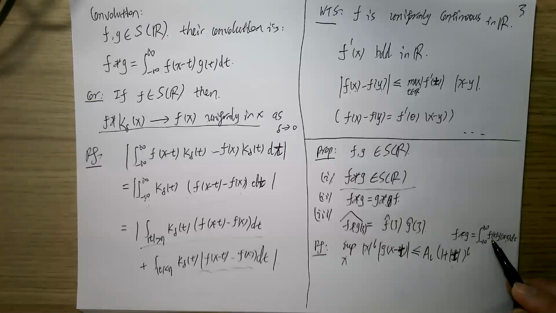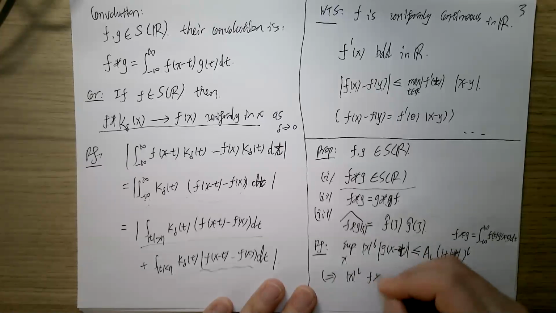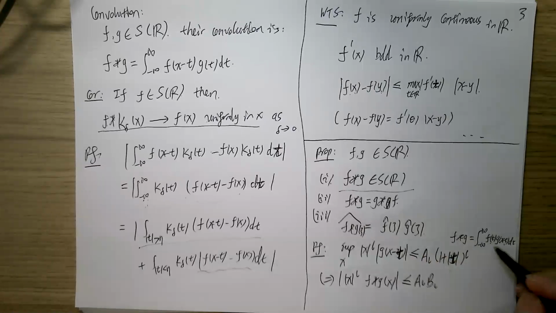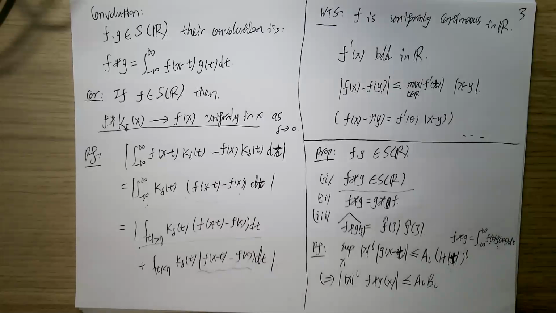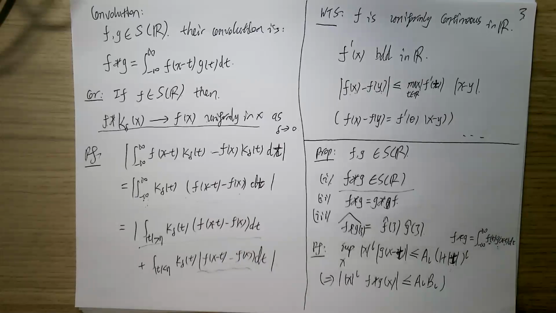So the integral over t will give you a finite number. So this implies x to the power l times f convolved with g is bounded above by something like A_l times B_l, because f(t) times (1 plus t) to the power l is integrable. Okay, so then we get the decaying condition for the convolution operation.